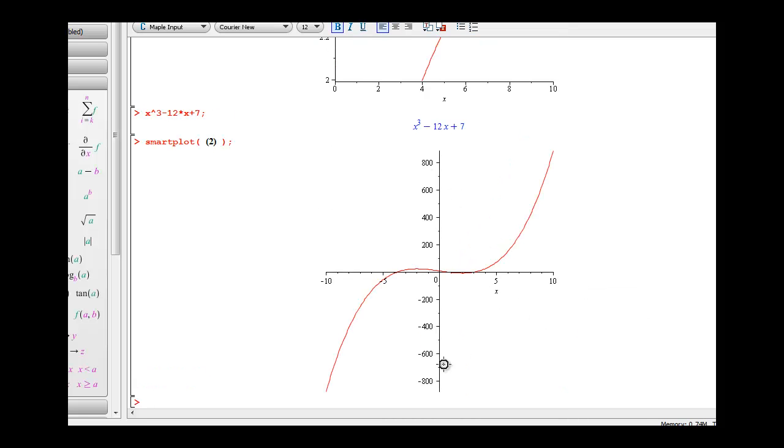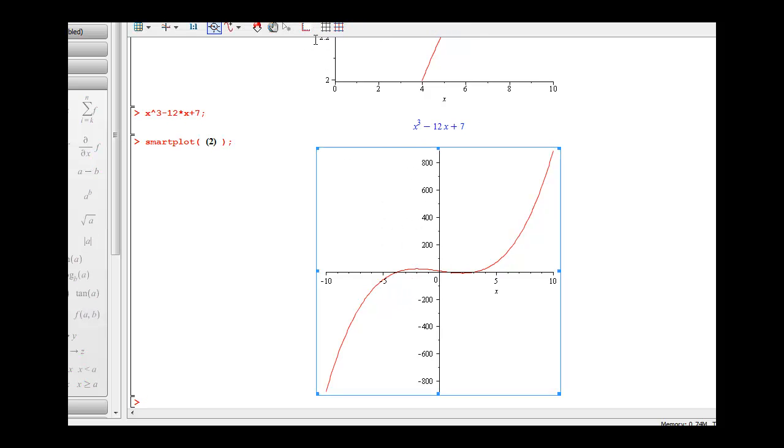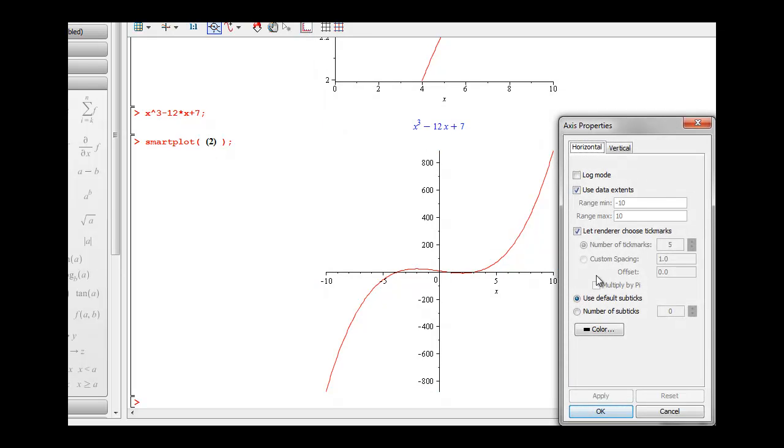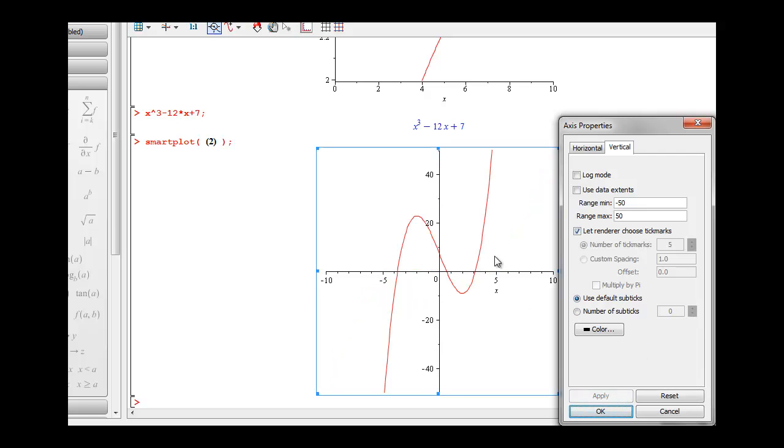And our y-axis scale here is pretty extreme, so we don't see a lot of what's going on. So I want to rescale this just a little bit. Hopefully this scale will work. Let's do vertical scale. Let's say -50 to +50. Yep, now we get a nice curvature happening there.